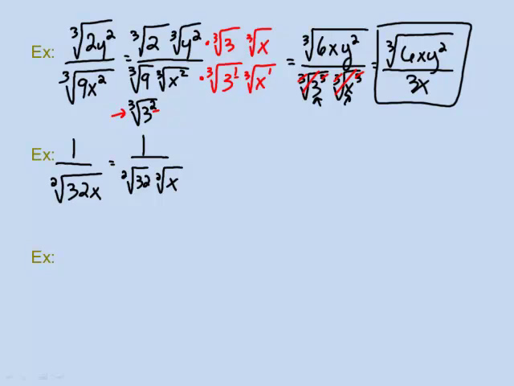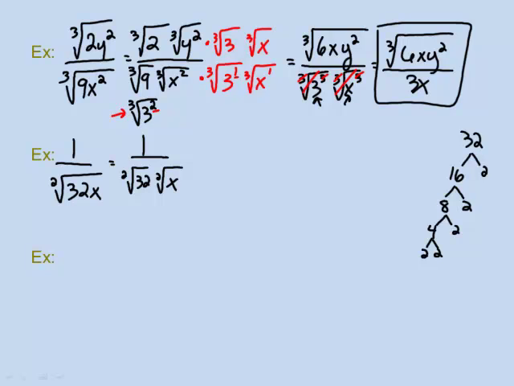Now if you look at 32 and break it down, we'll do that over here. 32, if you take a 2 out, leaves you with 16. Then 16, of course, will break down again. 16 divided by 2 is 8. 8, if you take out a 2, leaves you with 4. And then 4, of course, is 2 times 2. So 32 is 2 to the 5th.